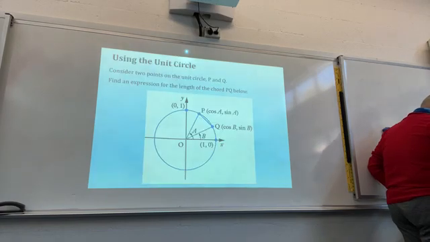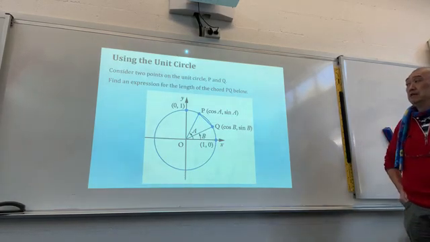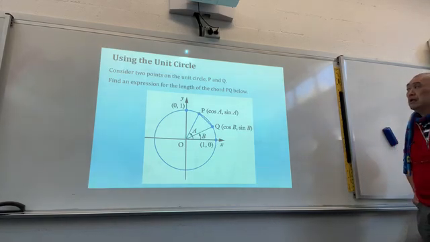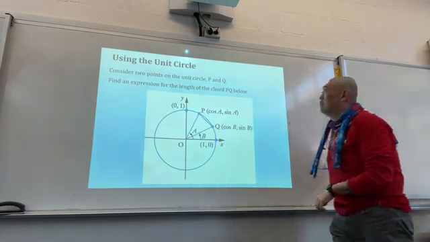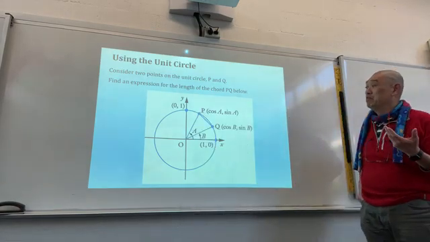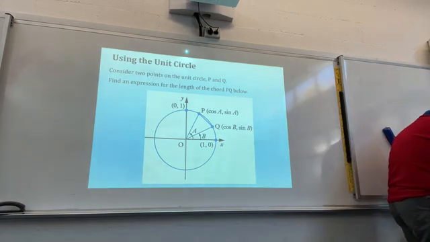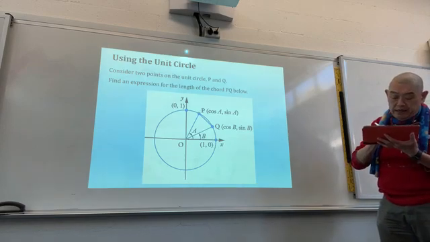Now let's start off by looking at a unit circle. If I've got 2 points on the unit circle, can you find an expression for the length of the chord PQ? What you need to think about is this angle here.